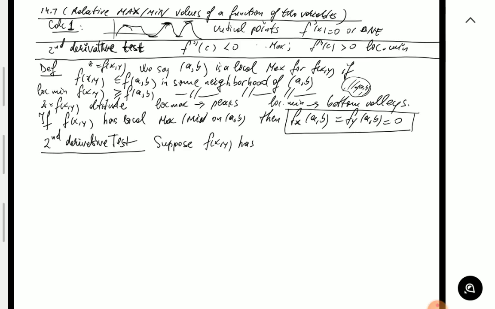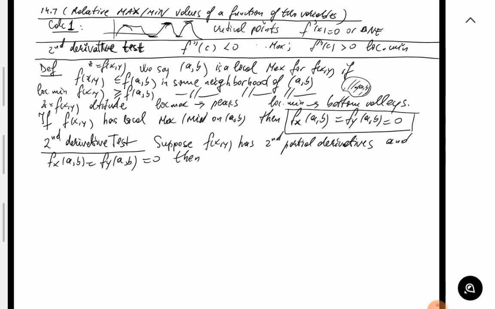It says that if the function has second order partial derivatives, these need to exist for the theorem to work. Well, after all, it's called the second derivative test. And the first partials vanish at the point, so partial x of f at (a, b) is equal to partial y at (a, b) equal to 0.